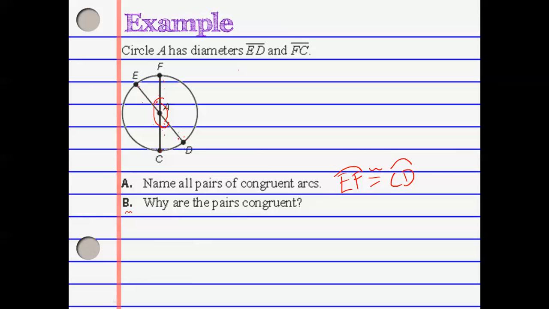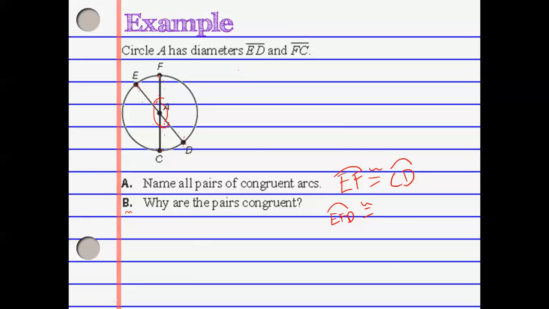Now, we also know that a diameter, or a straight line, has a 180 degree measure. Here we have ED, so we know that arc EFD has 180 degrees measure.